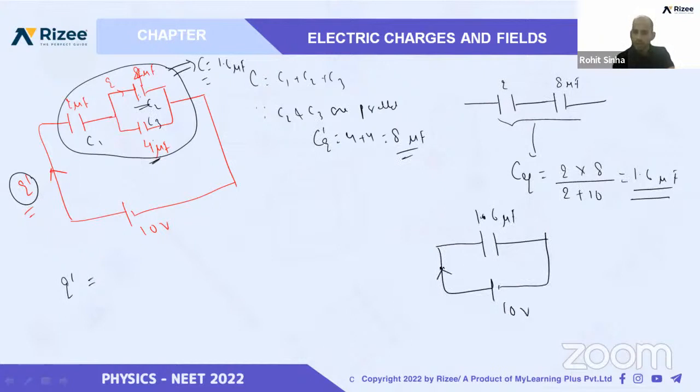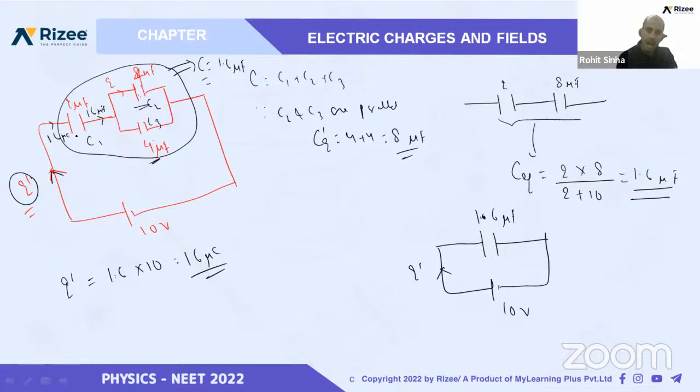Now we find the charge Q dash. Q dash will be CV. C is 1.6 and V is 10. We will multiply, we will get 16 microcoulomb. This is the charge flowing through it. 16 microcoulomb from here. Now 16 microcoulomb will flow here.